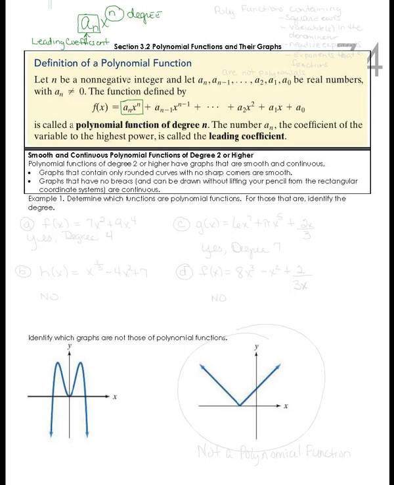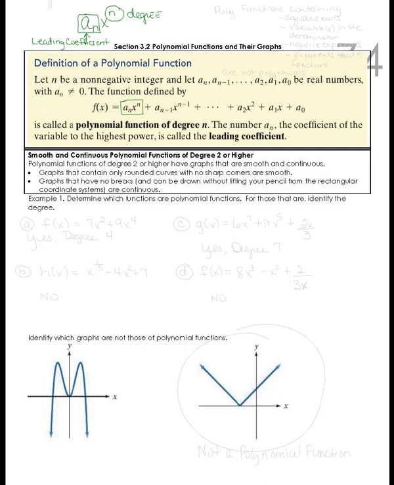It says here, the number a sub n, the coefficient of the variable to the highest power, is called the leading coefficient. When you're asked to find the degree of a polynomial, you're looking for the power or the exponent with the highest number. We'll have some terms, and each term raised to a power may have a different exponent or degree, but we're choosing the highest.